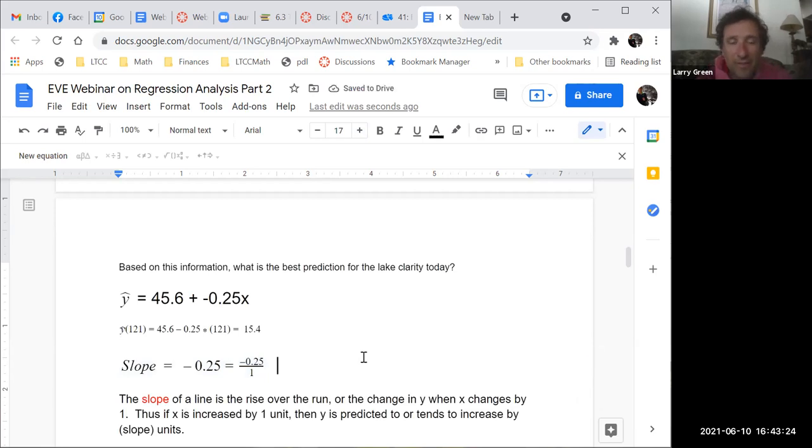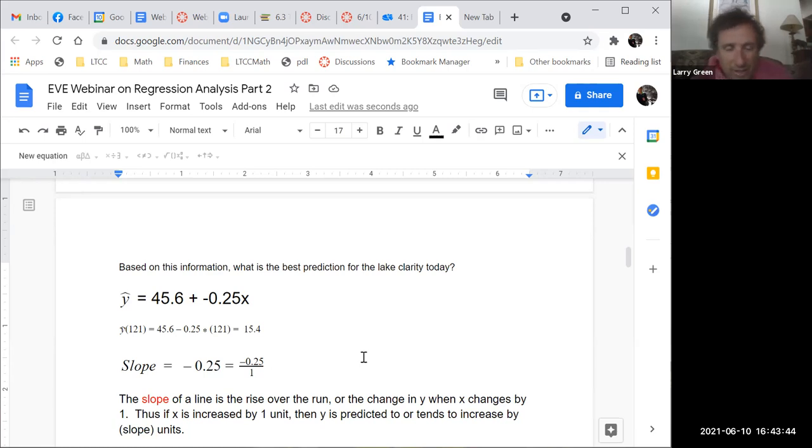Any questions on that? Very basic math. And that way, when you see rise over run, you can actually see an over. If you write it as negative 0.25, you're not seeing an over. But if you write it as negative 0.25 over 1, then we see an over.